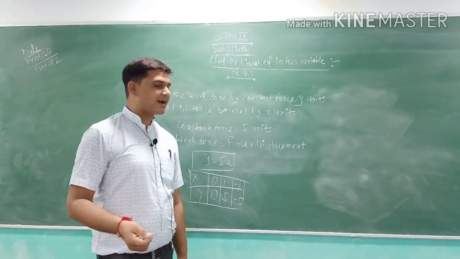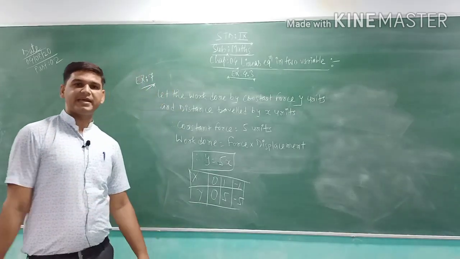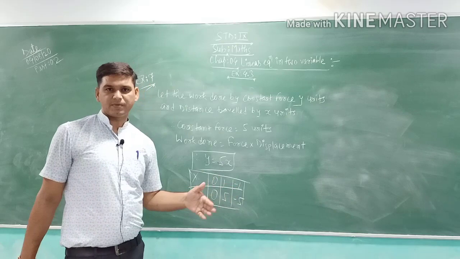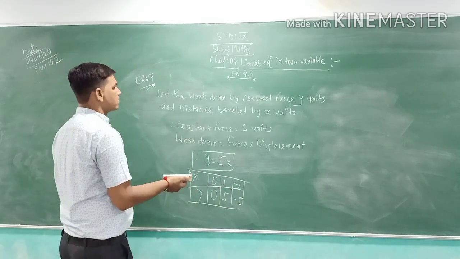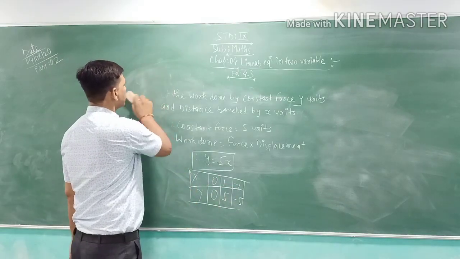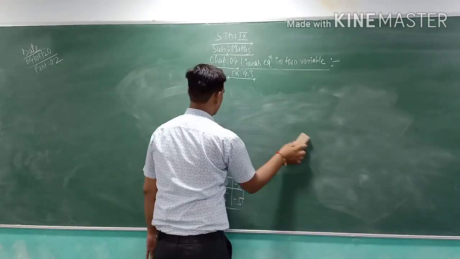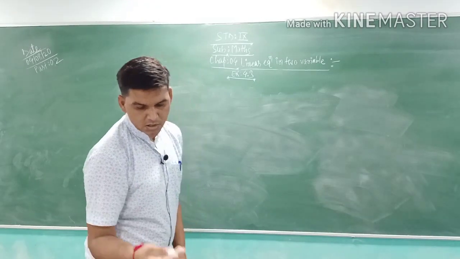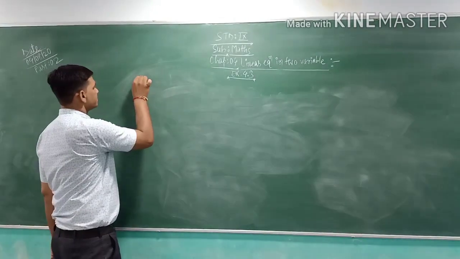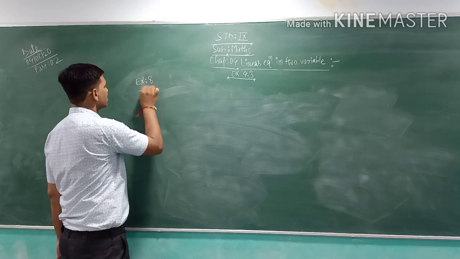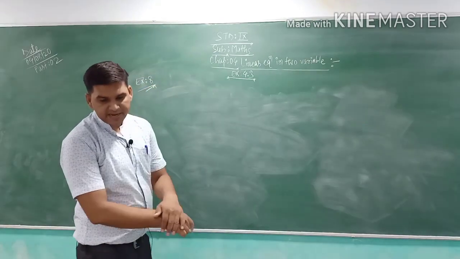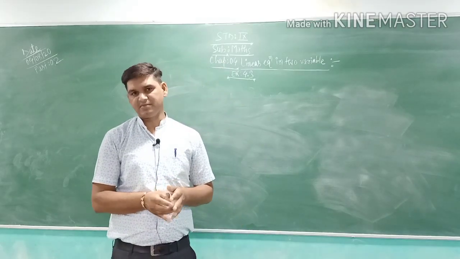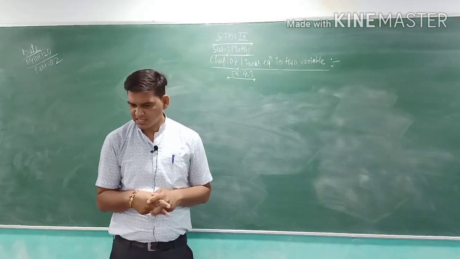Now similarly, I'll find the next question, that is question number 8. Question number 8 also has the same type of questions as part of problem solving. In question number 8, the equation is given about Fahrenheit.